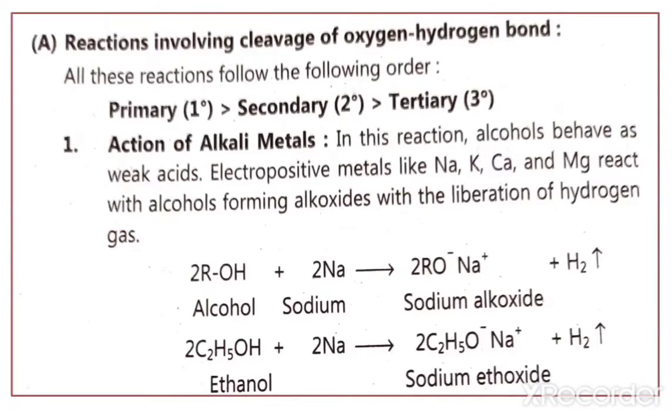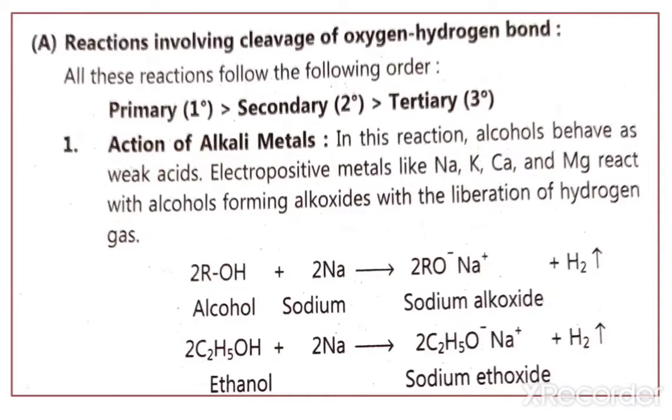Okay, first we discuss the reactions involving the cleavage of the oxygen hydrogen bond, and all these reactions follow this order. We have to remember this order: first primary alcohol, then secondary alcohol, then tertiary alcohol. First is the action of alkali metal.